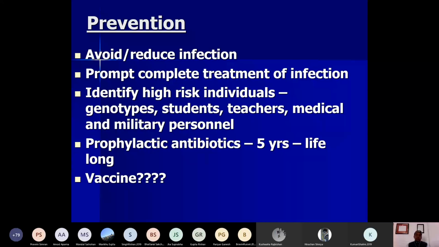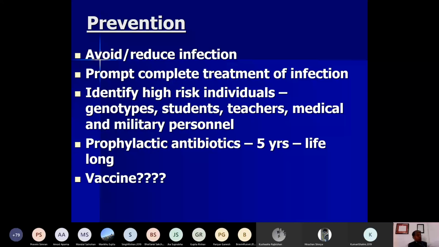How can you prevent it? First and foremost, school children need to be educated, and they must be treated adequately to reduce the infection or to prevent transmission from one person to another. Luckily, because of COVID, these days everybody is wearing masks, and hopefully, even after the schools open after COVID, people will continue to use masks in school, along with hand washing facilities.